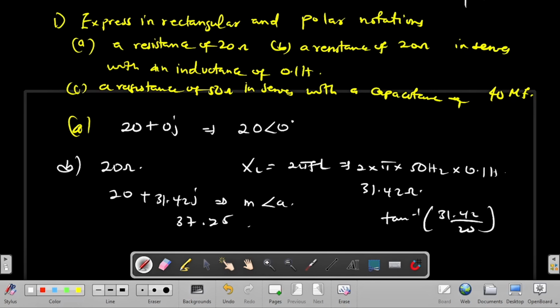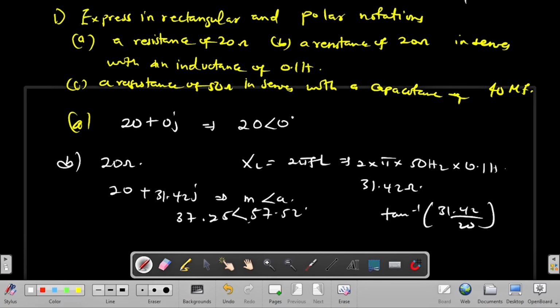So you punch in tan inverse of the expression 31.42 over 20. That is 57.52 degrees. So the angle is 57.52. So that is the B.